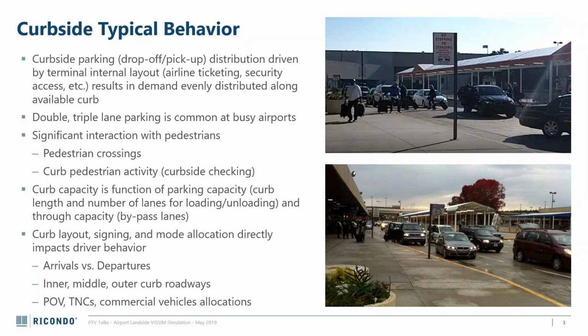So the layout of the curb is also important. Many times it's a system of curbs, so you have inner, middle, and outer lanes, and they are all connected, so vehicles can go in and out of these lanes, and that complicates even more what we do.